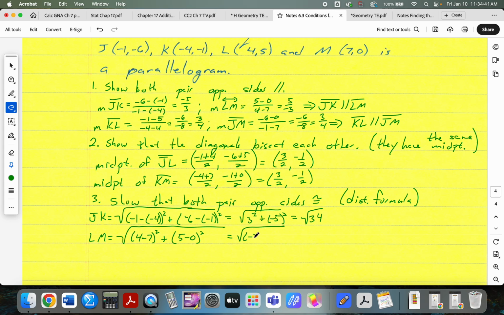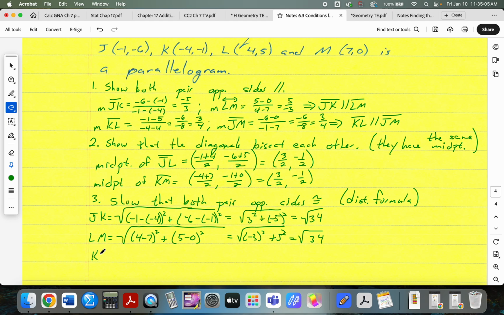That'd be the square root of negative 3 squared plus 5 squared. The numbers are all the same except for the signs, and when we're squaring, that's all going to go away. So this is the square root of 34 also. So that's 2 sides. We've got 2 more to go.